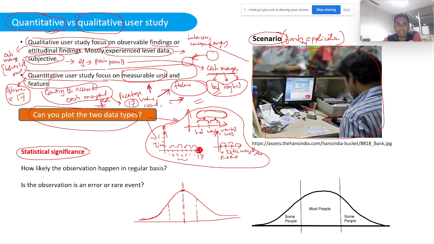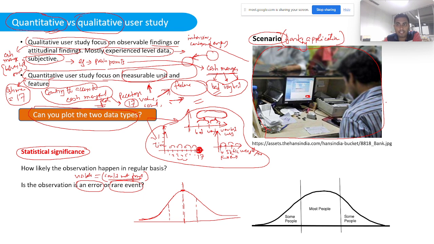Now that incident, that they could not find it, is qualitative data. Okay, now visibility, none, quality could not find. Now we need to identify whether that observation is just an error or a rare event where only this person cannot see it, but usually other people can easily recognize that feature.